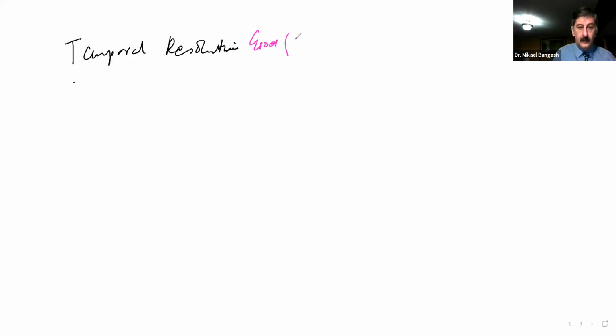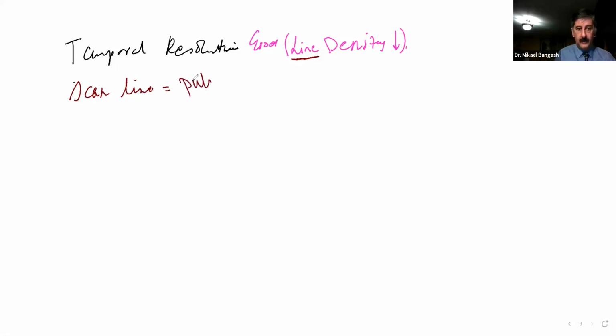Mainly because the main factor that we will talk about here is that we have a line density which was low. Now, if you guys still don't recall or understand, that's okay. The word line here comes from the term scan line, where scan line mainly is a pulse. Did that make sense?